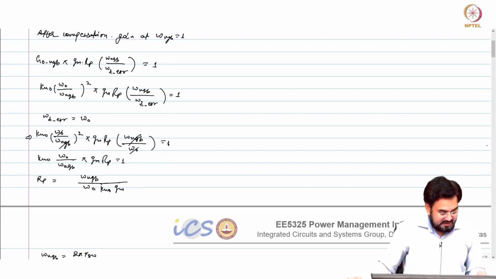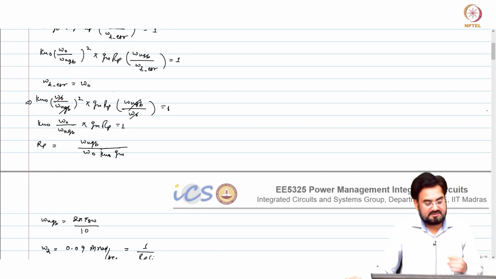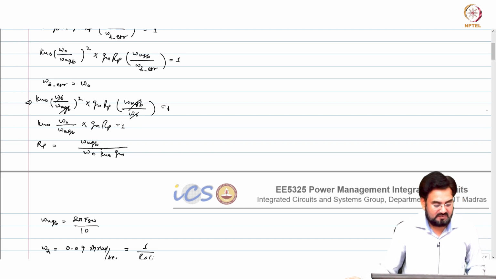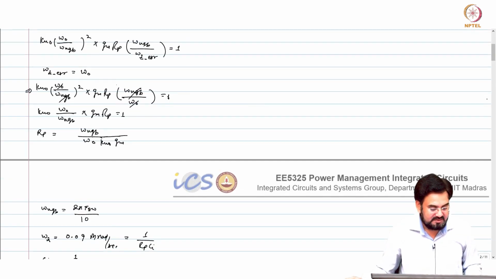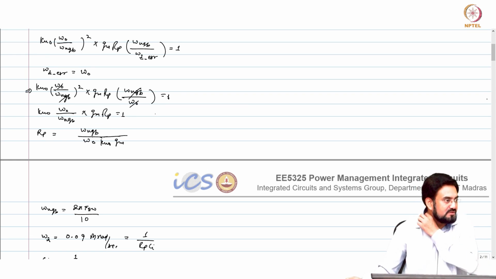So, let us go back here, omega UGB. Okay. So, I think the reason we are getting less here is because we are considering the effect of gain due to 0 also.